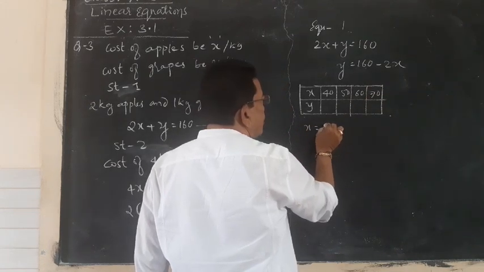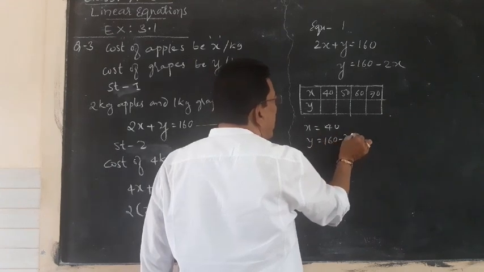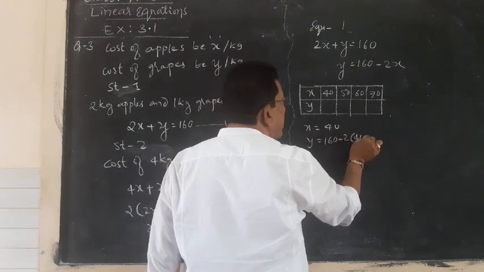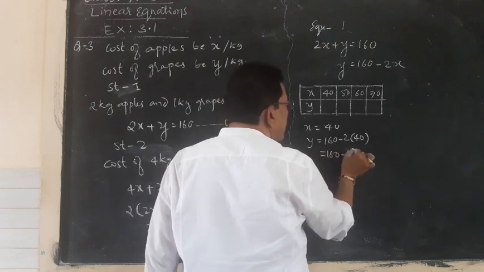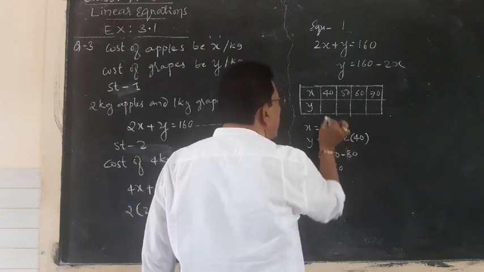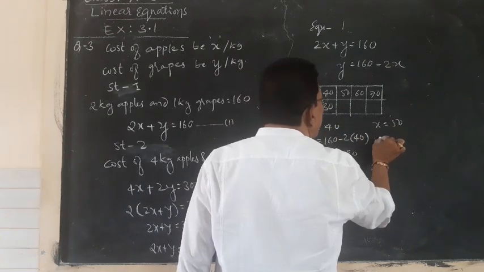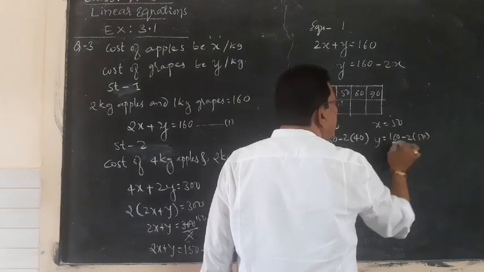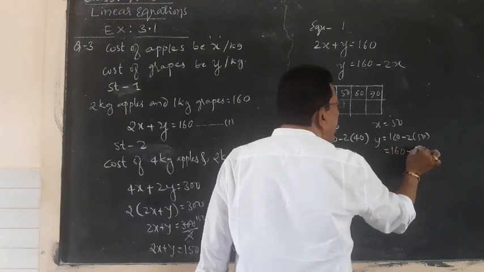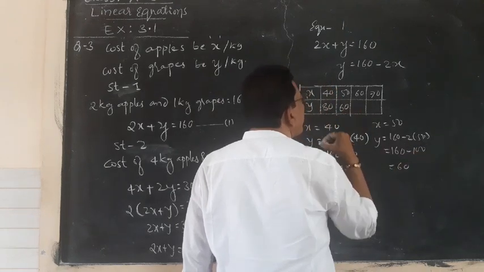X equals 40, then y equals 160 minus 2 into 40, that is 160 minus 80, equal to 80. Then x equals 50, y equals 160 minus 100, that is 60.